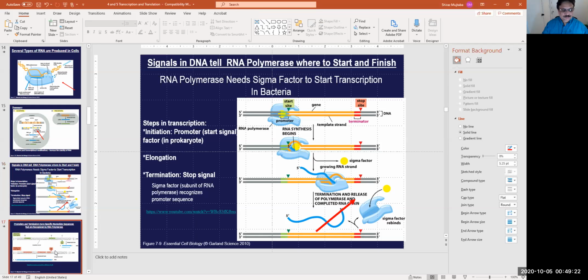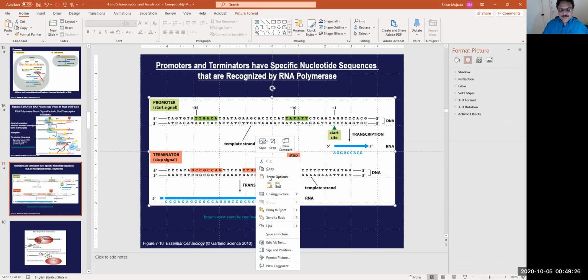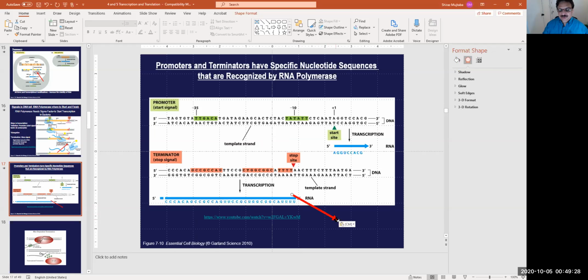Now let's go a little bit more in detail. What is a promoter? Scientists were curious and wanted to study promoters. They studied promoters in various species, and they came to the conclusion that there are some sequences in the promoter which are conserved.